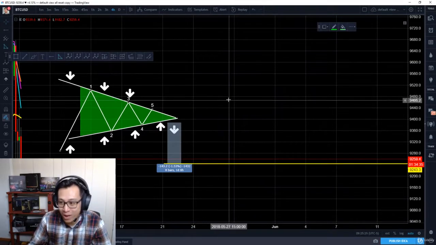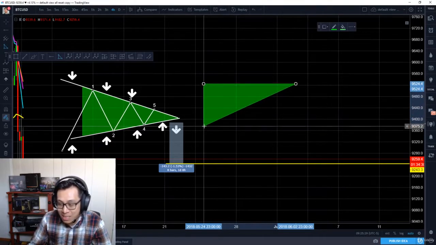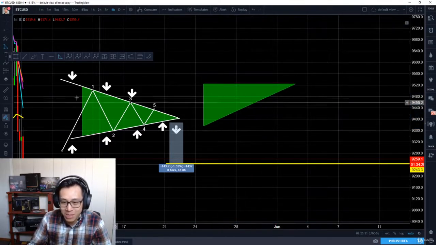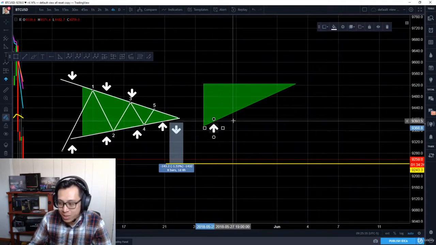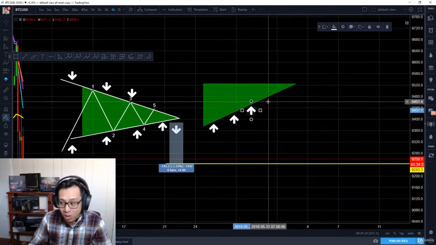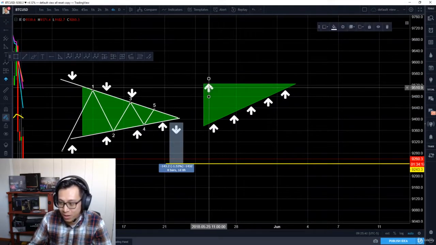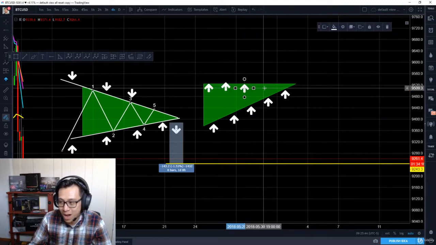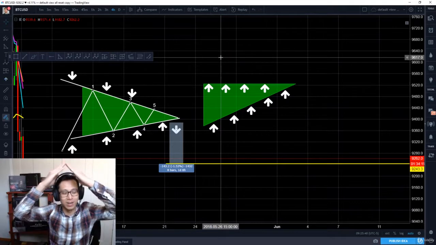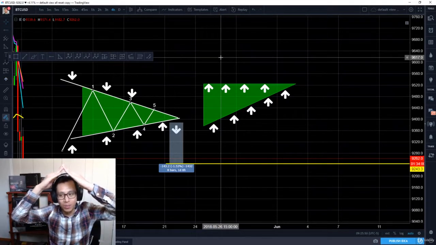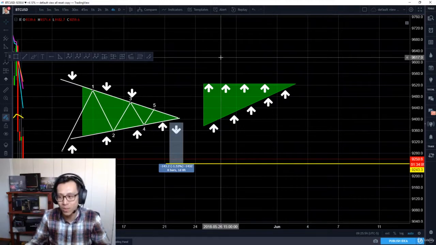Now, the better pattern to play are these ones right here. This is called an ascending triangle, okay? Ascending triangles have great characteristics. It has a series of higher lows, but it has the same series of highs, okay? Think of it like a ceiling, and every time we're punching it, and we're trying to break the ceiling.